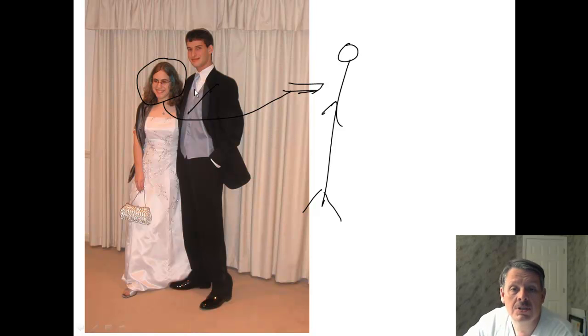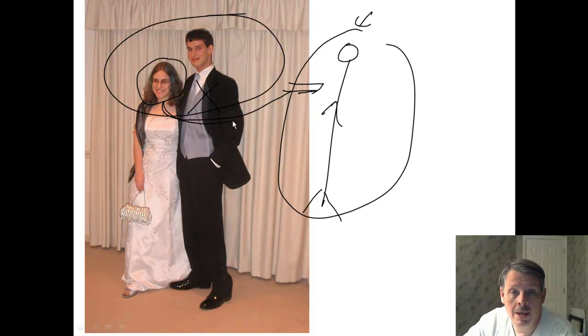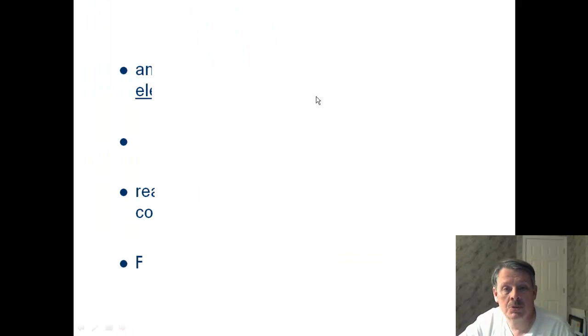So she dumps this guy, sorry buddy, and she comes over here with this new guy over here. That's called a single replacement reaction. We have one person coming to the dance alone, and over here we have a couple. And when they leave the dance, the couple has now separated into 2, and one of the members of the couple has come over here with the person who was alone.